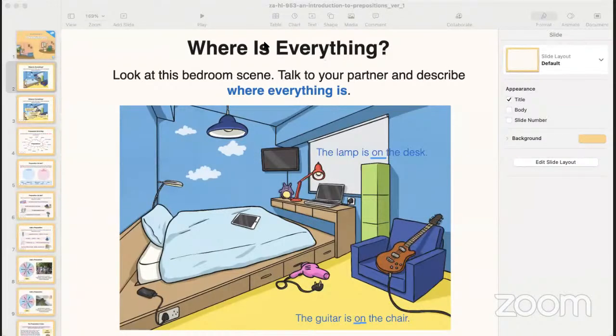The hairdryer is on the floor. Good. Well done. Any more? The tablet is on the bed. Good.